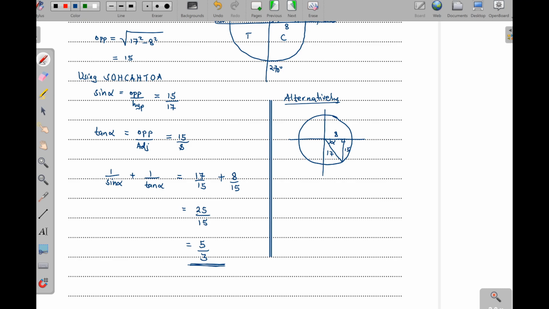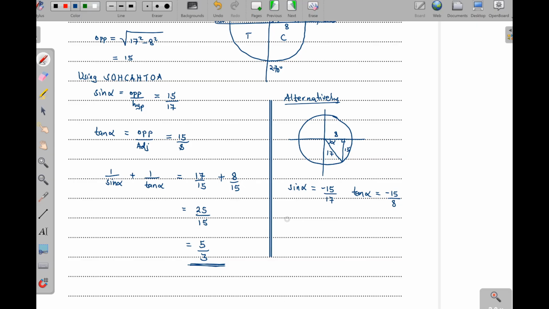So in the fourth quadrant, we know that sine is negative. So sine alpha, we shall put negative 15, opposite out of hypotenuse, out of 17. And then tan alpha is also negative in the fourth quadrant. It is only cosine which is positive.